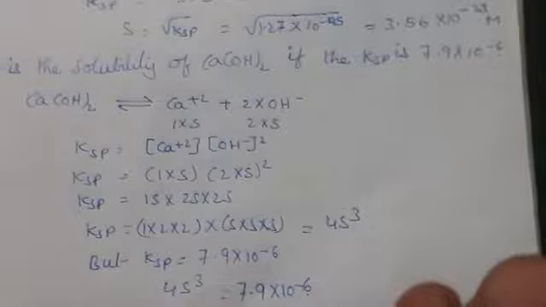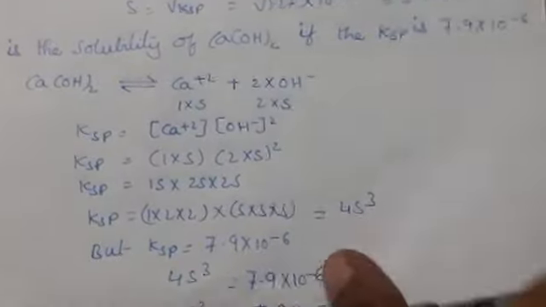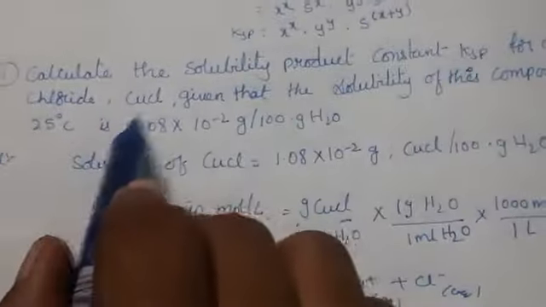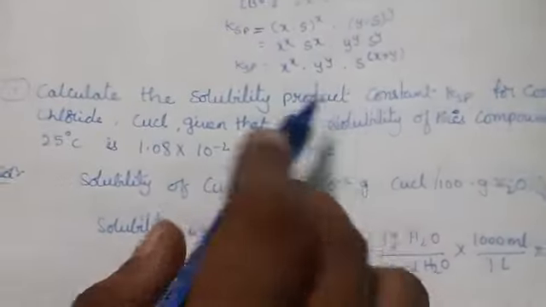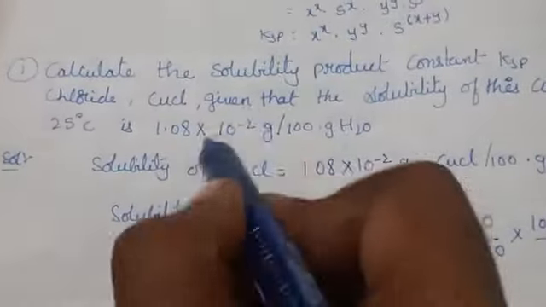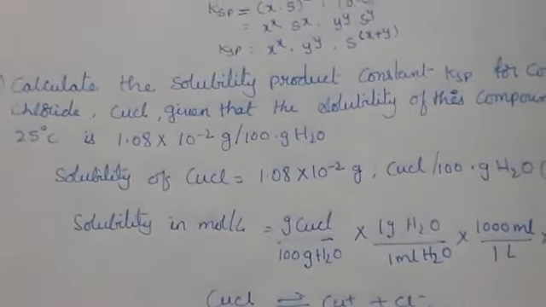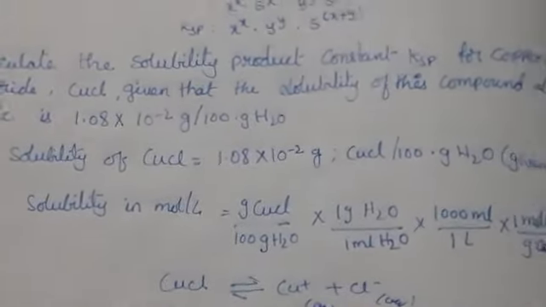If suppose they have given it in grams, how do we have to calculate it? See here, they told us to calculate the solubility product constant for copper chloride, CuCl. The solubility they have given at 25 degrees is 1.08 × 10^-2 grams per 100 grams H2O.